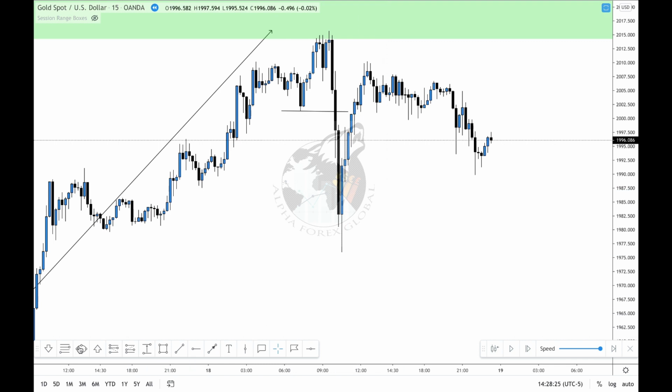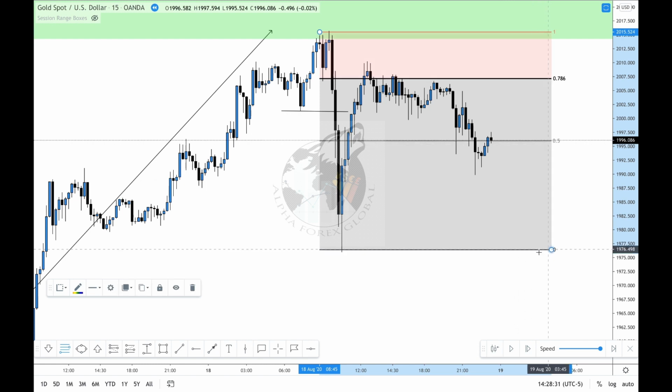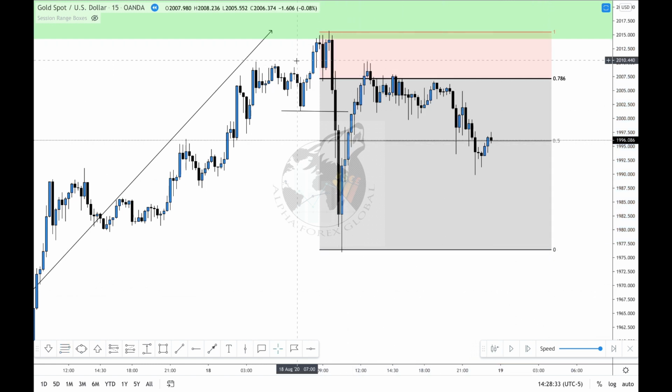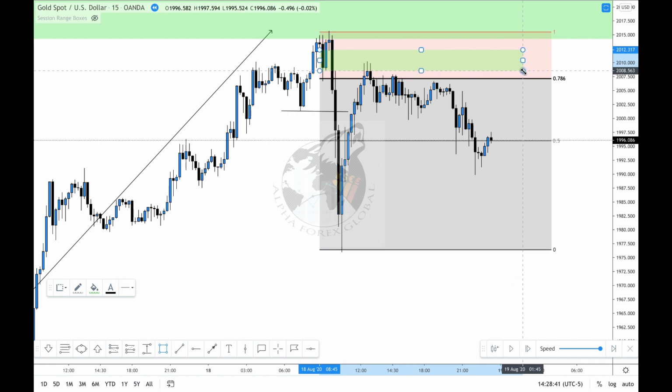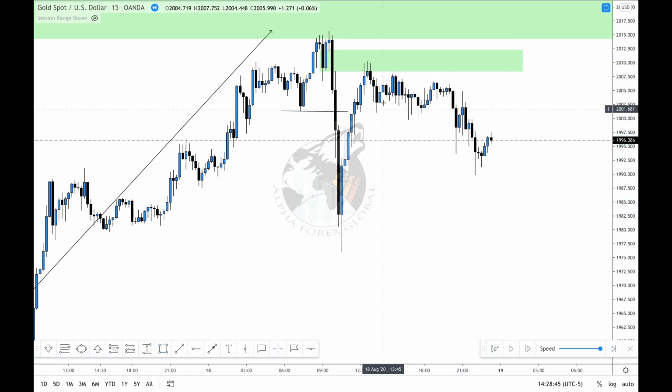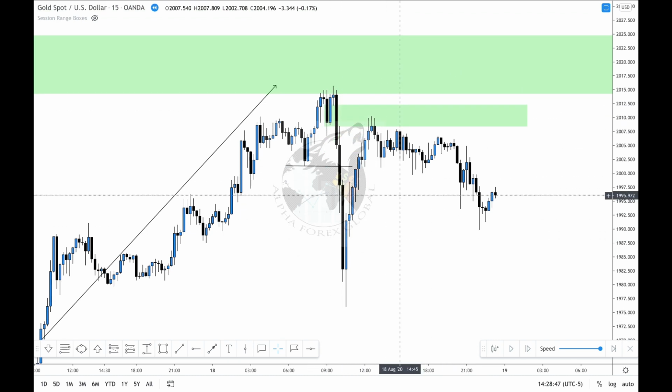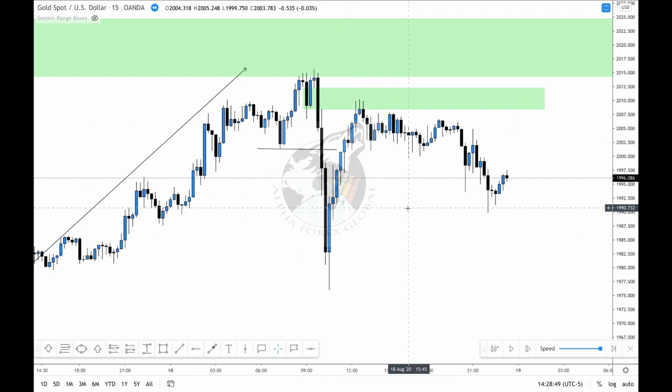If I use my premium and discount fib, look at this. Notice right in premium price there is an inefficiency right here, at this area.